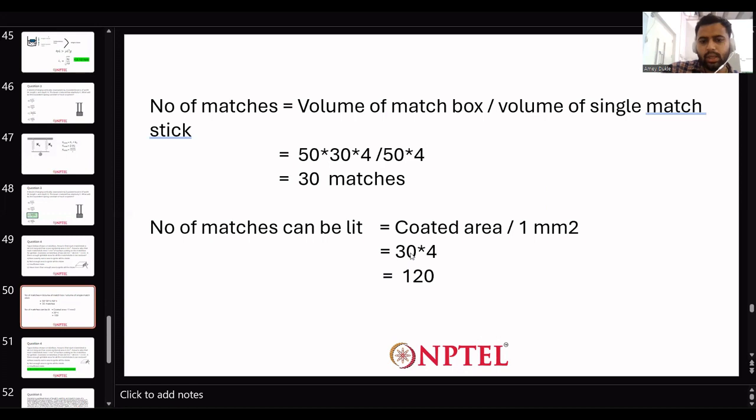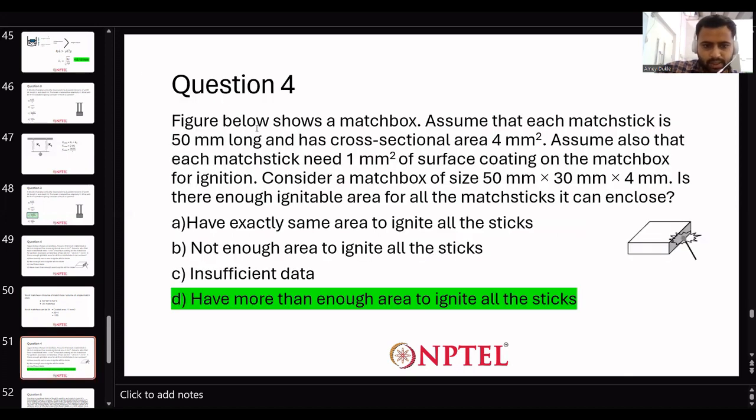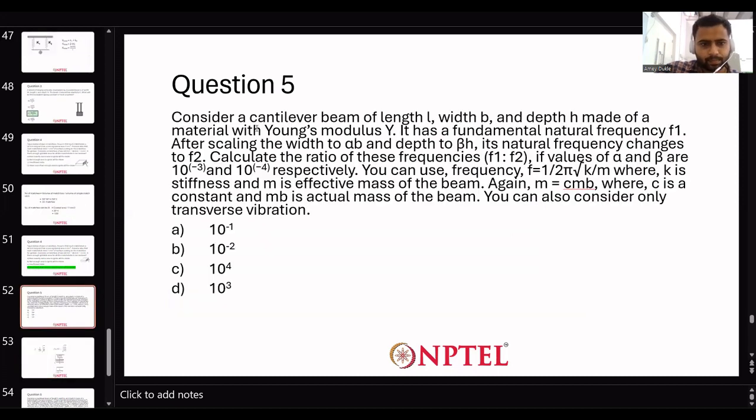So in total, 120 matchsticks can be lit from the coated area. That is way more than the number of matches we have in the box. So from this, we get that there is more than enough area for all matchsticks to be lit.